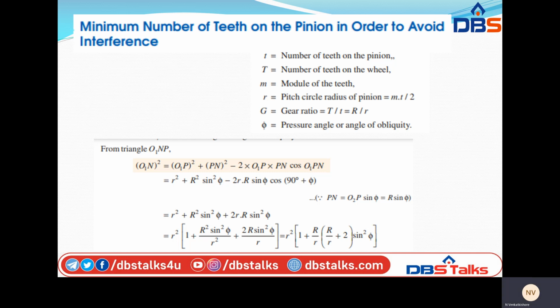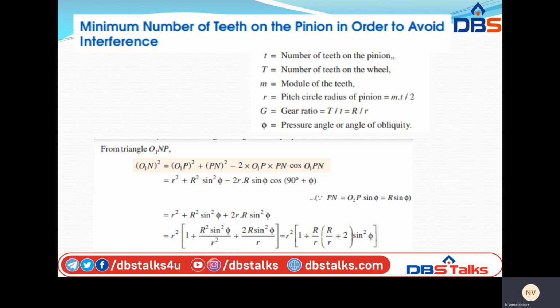O1P is the radius of the pinion, that is small r square, plus PN is equal to the radius of the wheel, so capital R square into sine square phi, minus 2 r into capital R sine phi into cos of the angle O1PN, that is 90 plus phi. So small r square plus capital R square into sine square phi plus 2 r capital R into sine square phi.